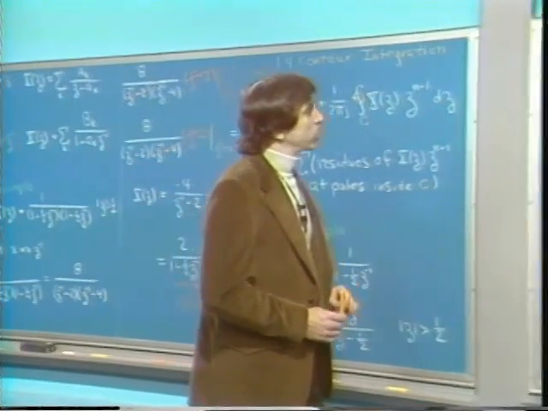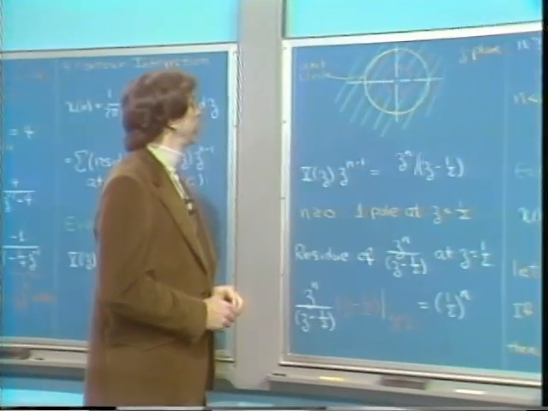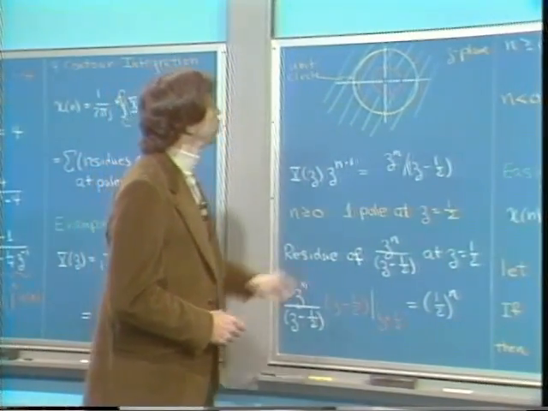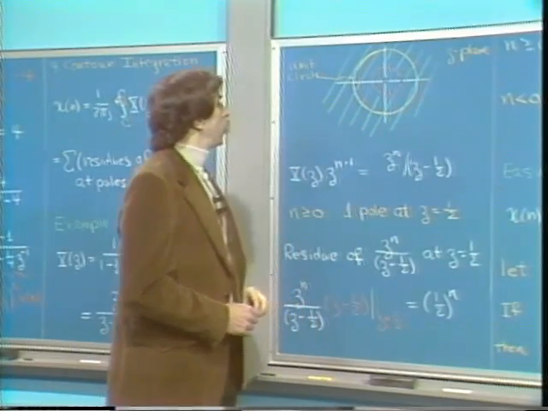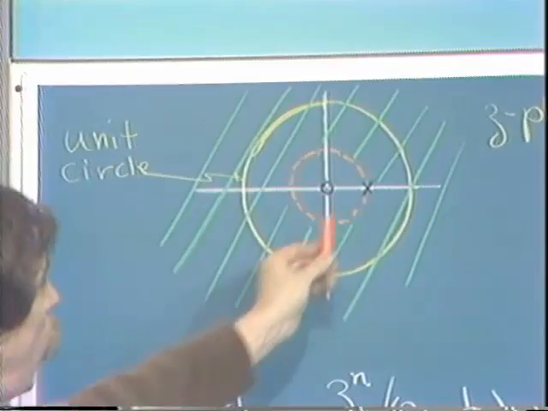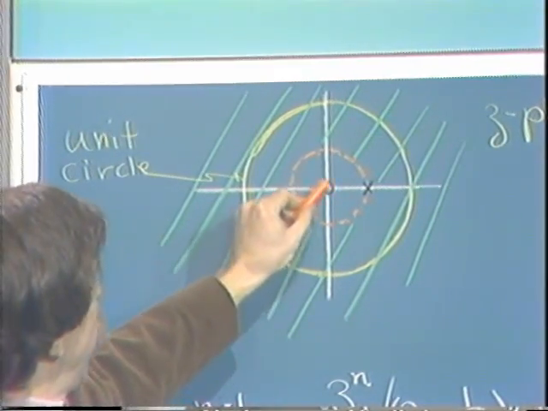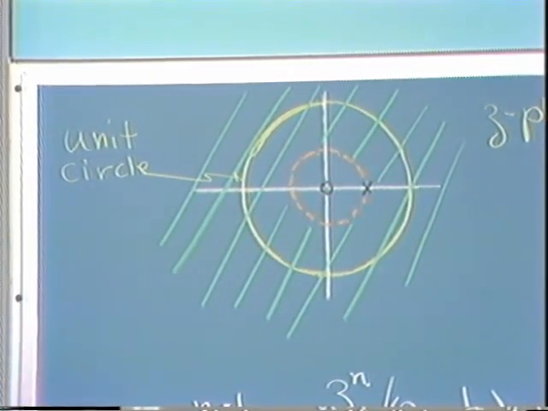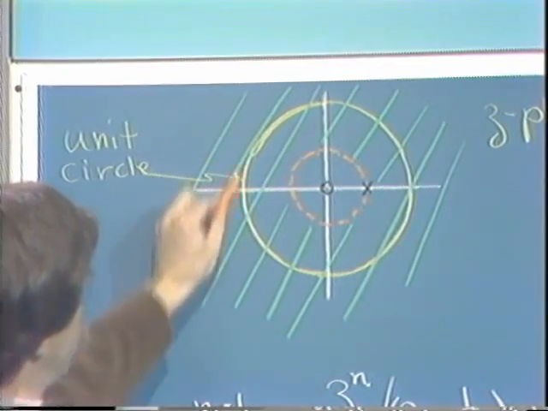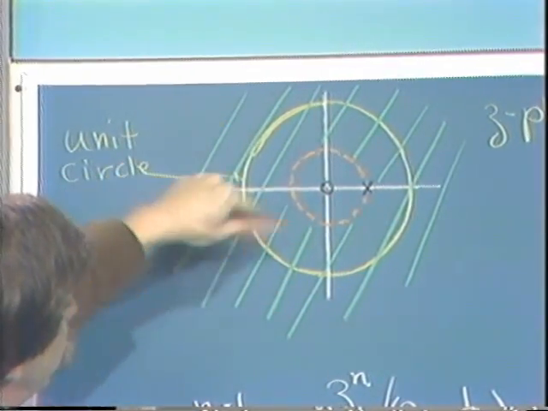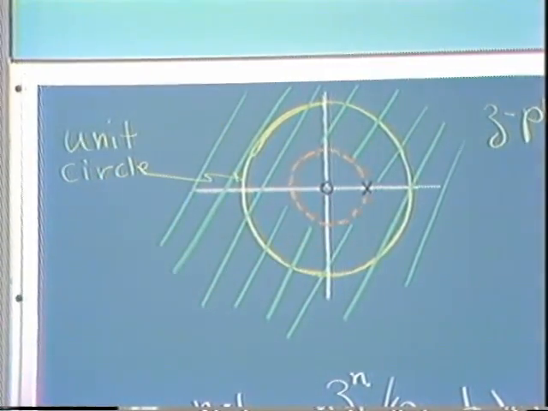First, let's just look at x of z in the z-plane. Here's the z-plane. We have a pole at z equals a half, and we have a 0 at z equals 0. Here's the unit circle, and in green what I've indicated is the region of convergence.